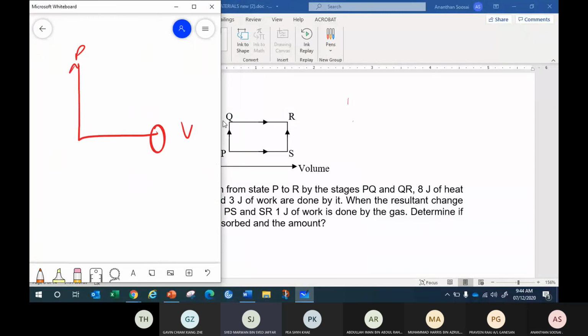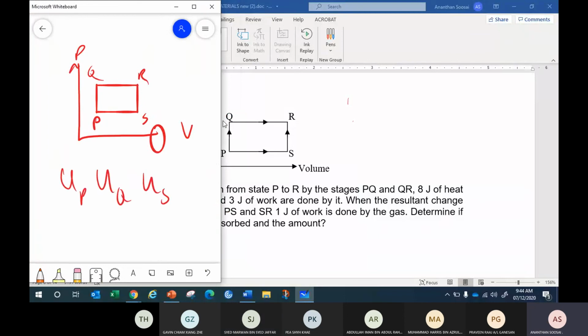In the PV graph, the gas changes like this. This is the first state P, this is Q, this is R, this is S. Is UP greater, UQ greater, US greater, or UR greater? Which internal energy is the highest? The gas law is what?